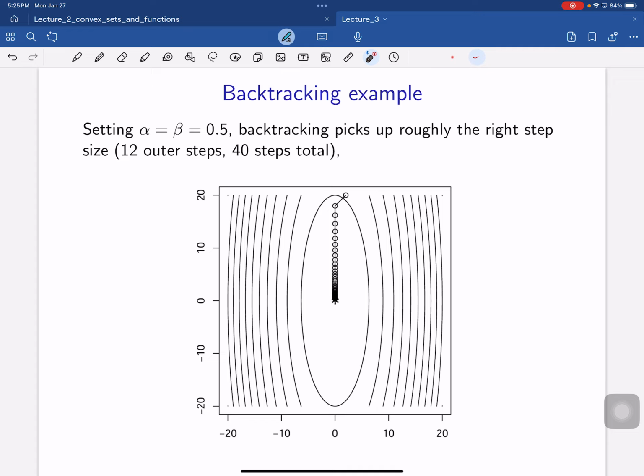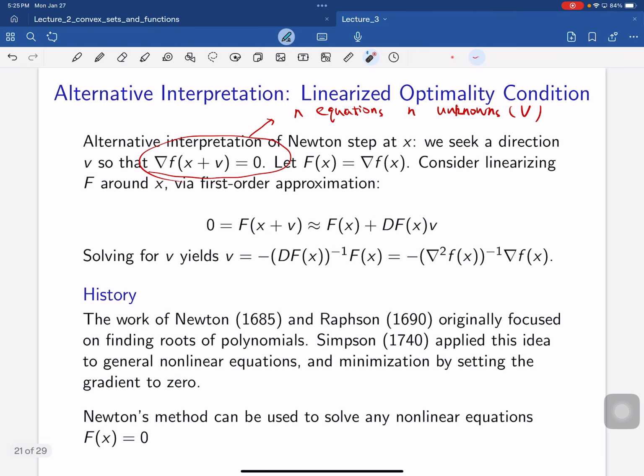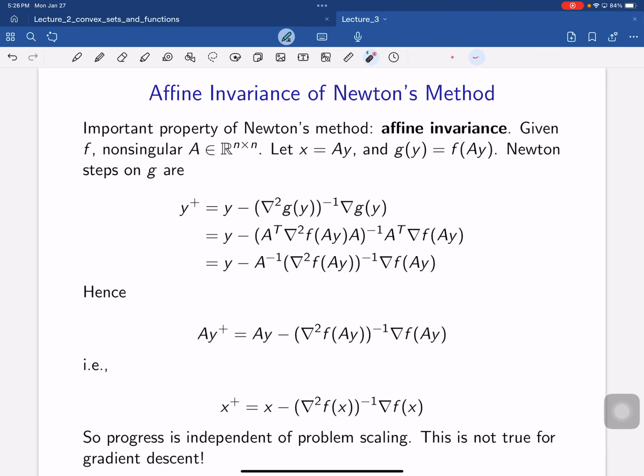That's what you want to do in gradient descent. But one interesting property of Newton's method is that it is not sensitive to scaling. You don't really need to scale those x variables. This is a very simple proof that even if you scale the x variables using a non-singular square matrix A, you will still get exactly the same update.